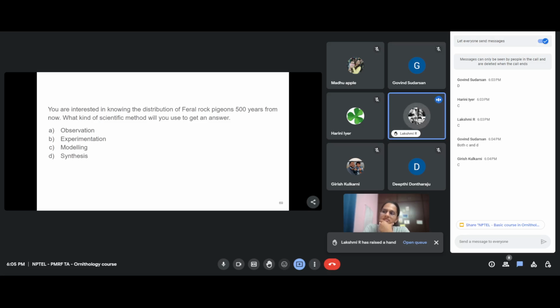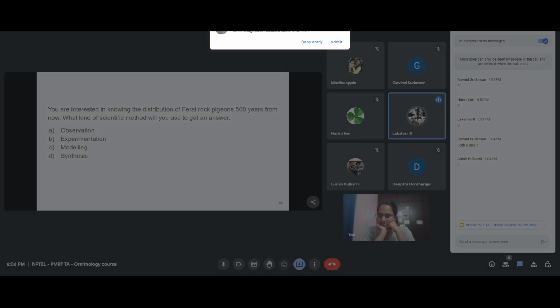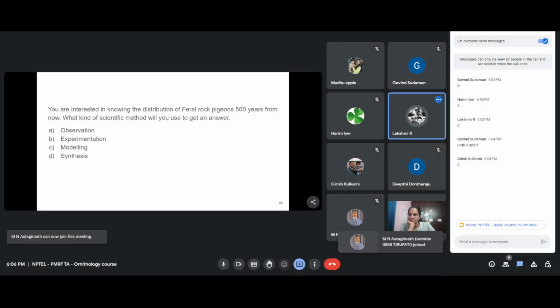Okay. Ma'am, as it is in the future, like 500 years from now, we can neither observe it nor experiment it because no human can live for that long. So both A and B are not plausible at all. And then synthesis, what I have understood, is you need to have some kind of framework based on which you can synthesize or experiment.